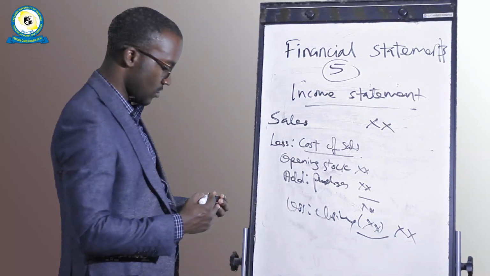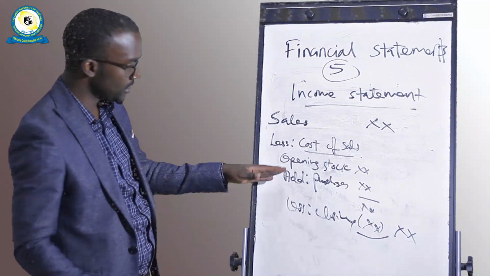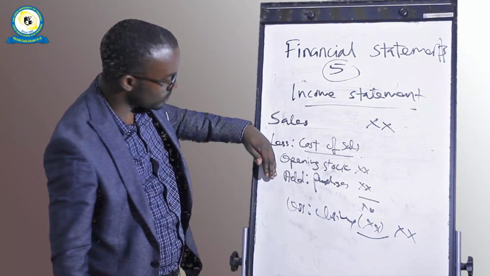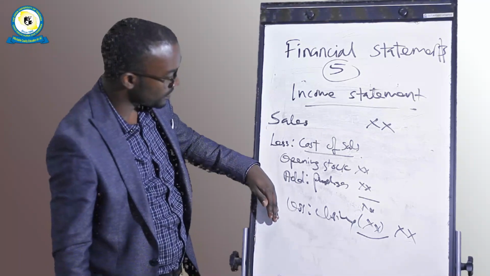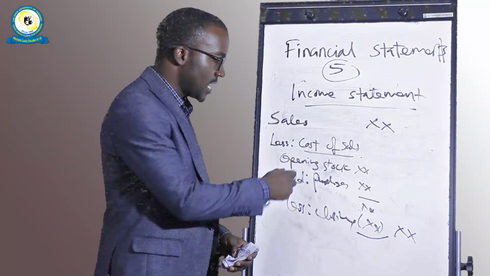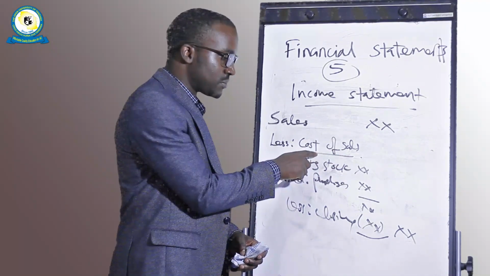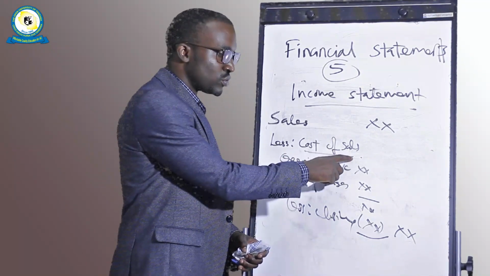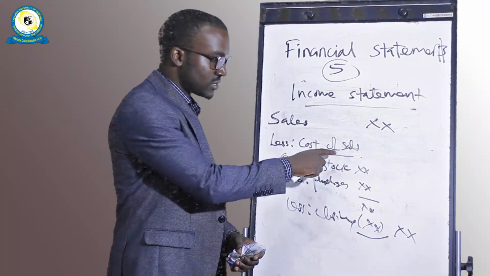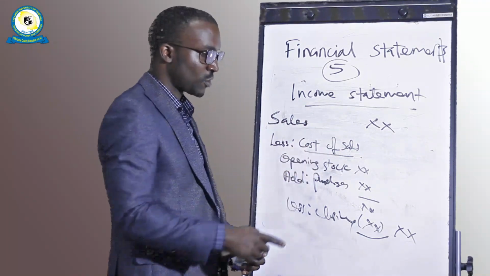Okay, so I repeat here to make it clear. What we are trying to find here is a figure that will mean the cost of sales, or sometimes it is also referred to as cost of goods sold. I repeat again, cost of sales is also referred to as cost of goods sold.